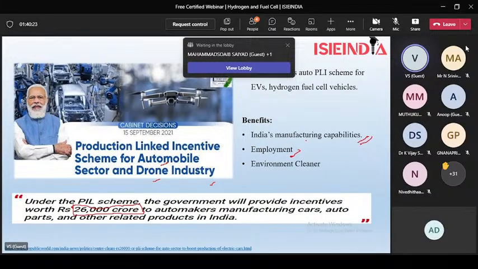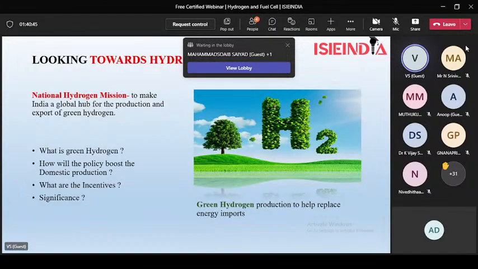So manufacturing is a benefit, employment is also a benefit, and by focusing on EV and hydrogen fuel cell vehicles, the environment will also be cleaner, because these vehicles didn't emit CO2. Now coming to the next initiative, which is the National Hydrogen Mission.